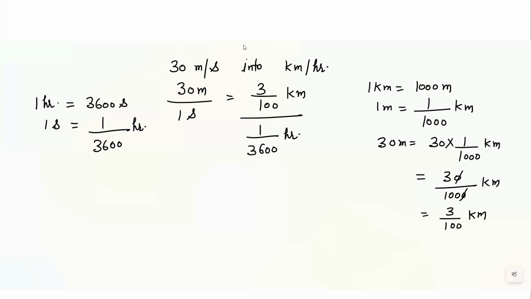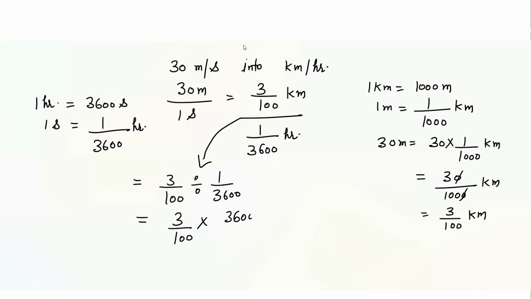Now it means division, I already told you. Now fraction division, we will change it into multiplication, write the reciprocal, we will cancel the zeros, and when I multiply 36 with 3, I'll get 108 kilometer per hour.